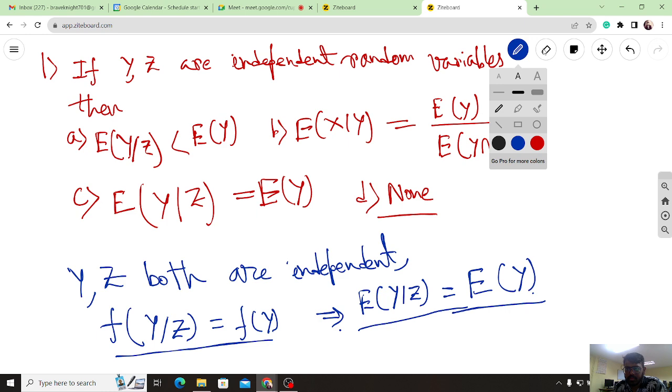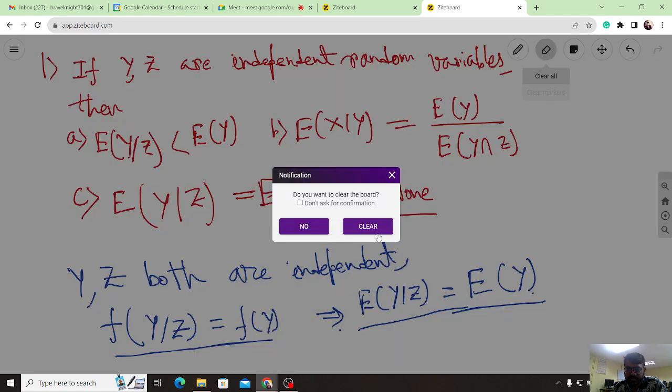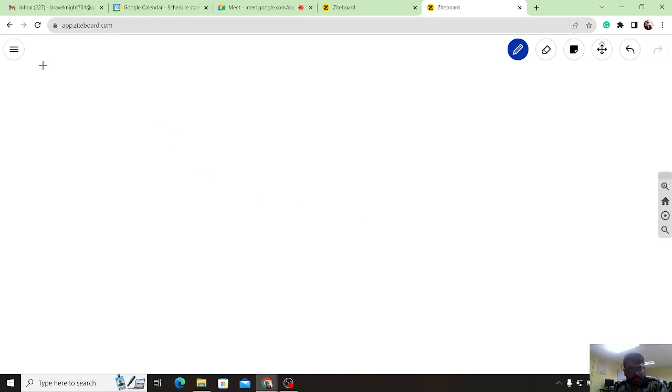Okay. Let's go to the second question. So the second question says that y and z are two random variables.